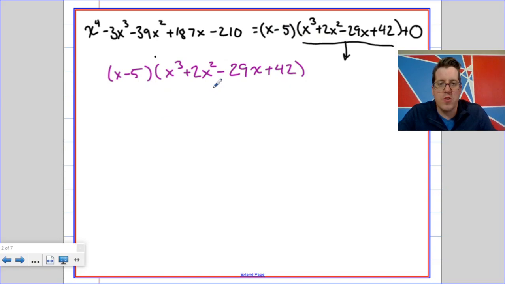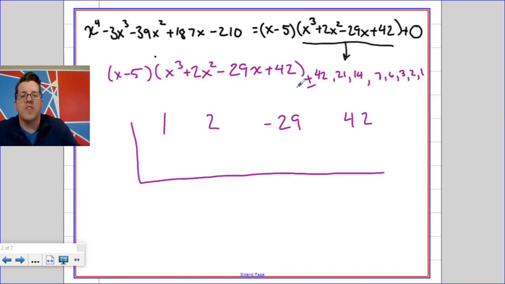So now what we're going to try to do is break up this set of parentheses. And the way that we're going to do that at first is to use the rational roots theorem. So we are going to look at the factors of 42 and see if any of those work. The reason it's the factors of 42 is because our lead coefficient is 1, which means we don't have to worry about the q's part of the p's over q's.